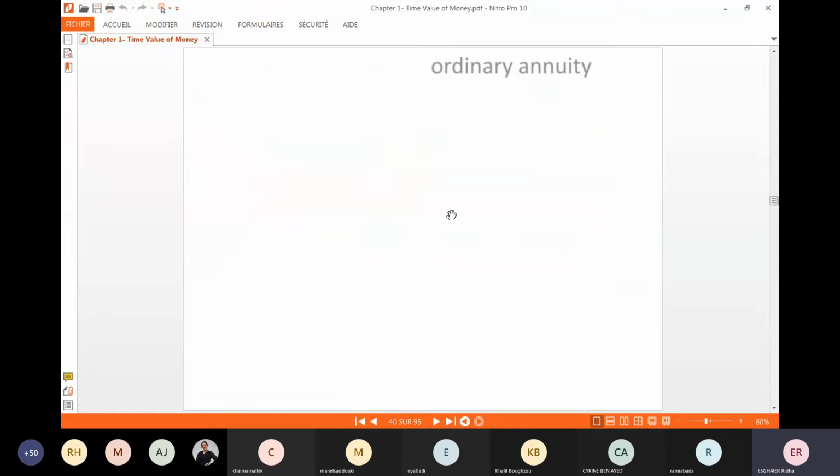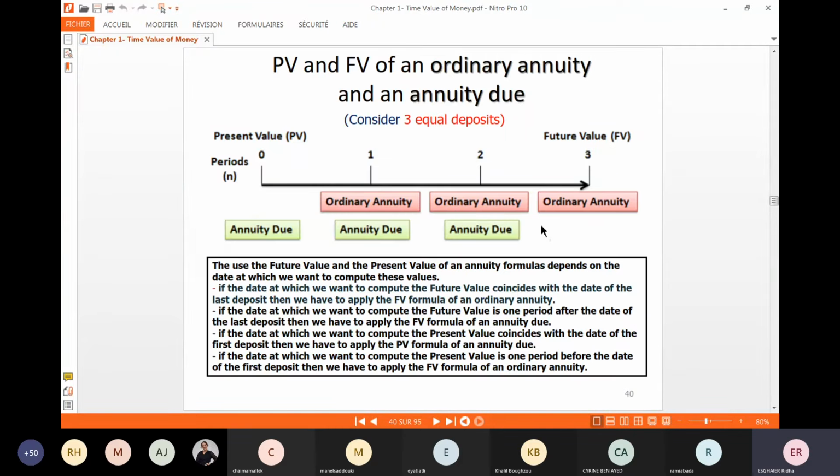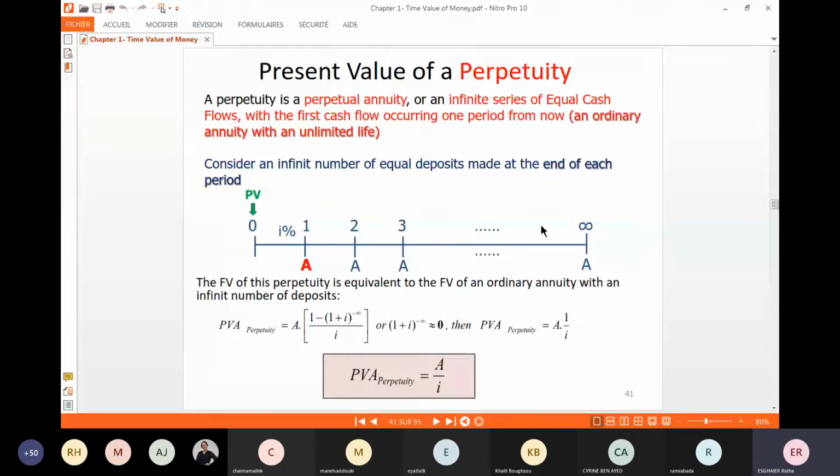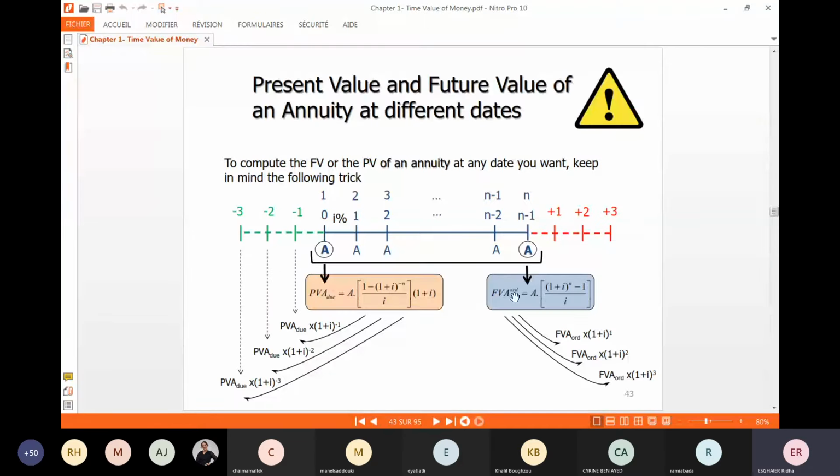Now, compute the present value or the future value of any sequence of deposits regardless of the dates. Let's take this timeline. In this timeline we have n equal amounts of A each, for example 100, 10, etc., 10 each year or 100 each year. If we start from 0 and we have n amounts, the last amount will happen at the date n minus 1.